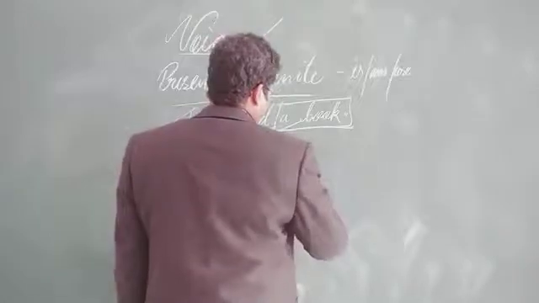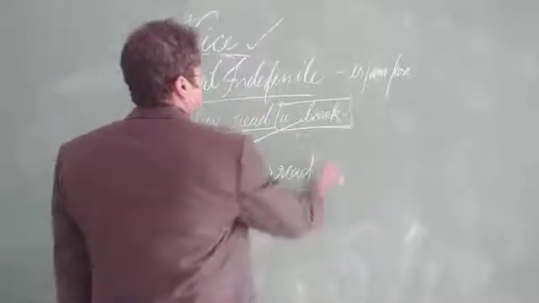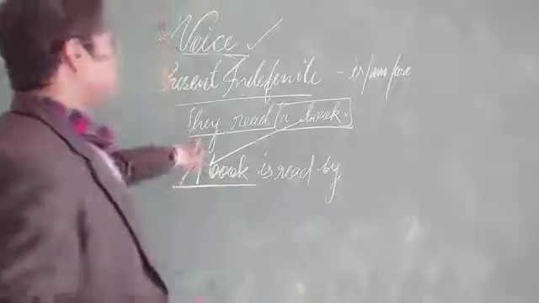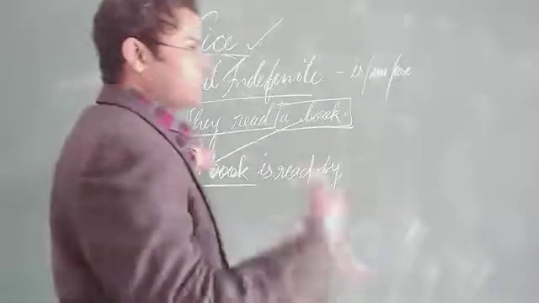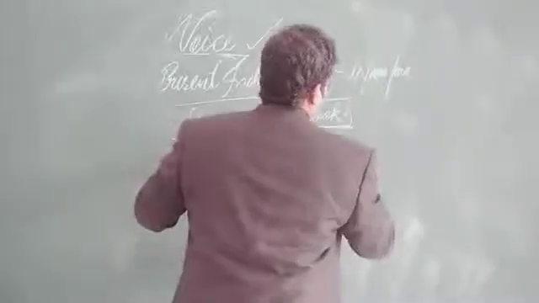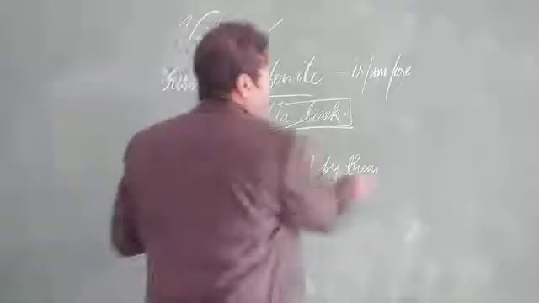A book is read now by they. As I told you to learn the chart of case, they is a subjective case. So what is objective case of they? I wrote them over there, so it will be them.